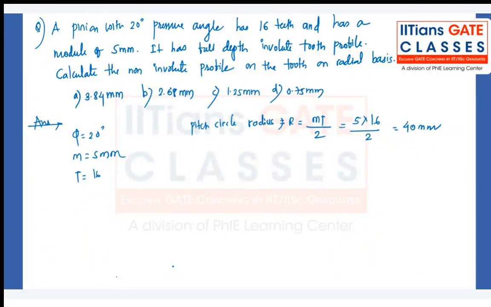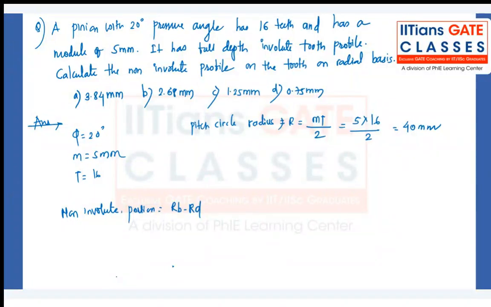The question they're asking is about the involute radial basis. The non-involute portion is generally RB minus RD, in between the base circle and the dedendum circle.